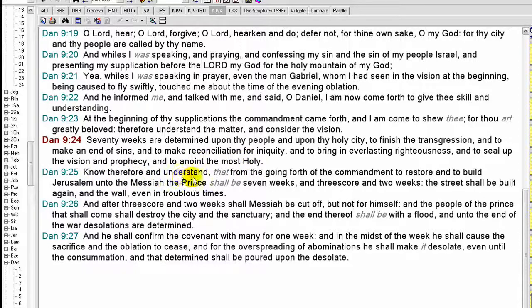Know therefore and understand that from the going forth of the commandment to restore and build Jerusalem until the Messiah, the Prince, shall be 7 weeks, and 62 weeks. The street shall be built again, and the wall, even in troublous times."